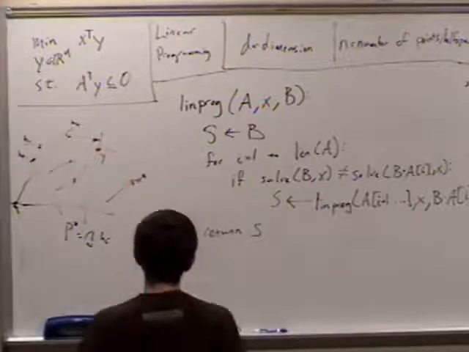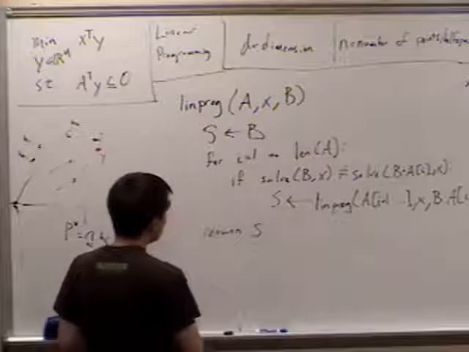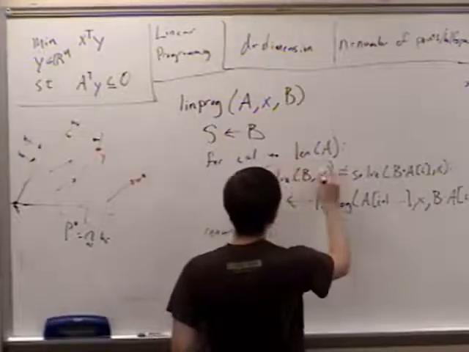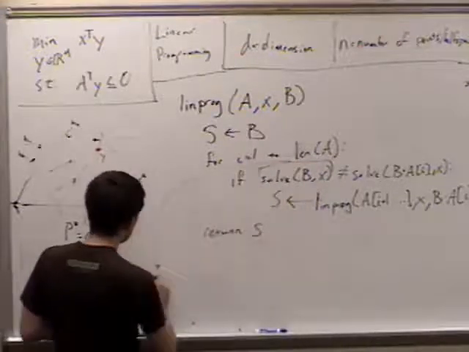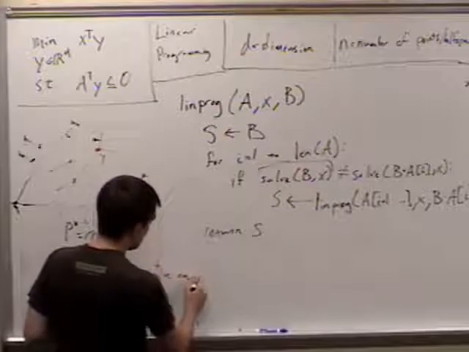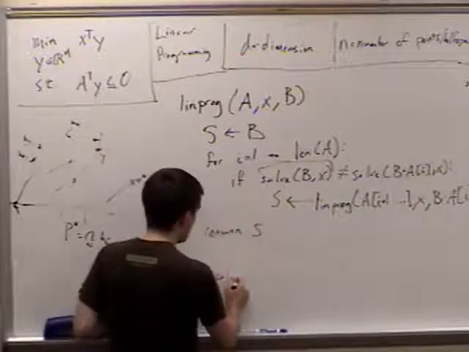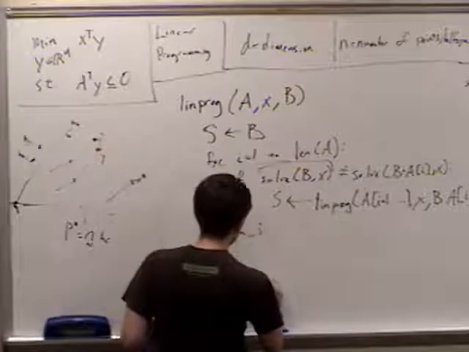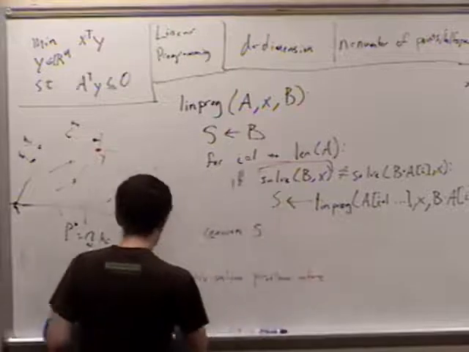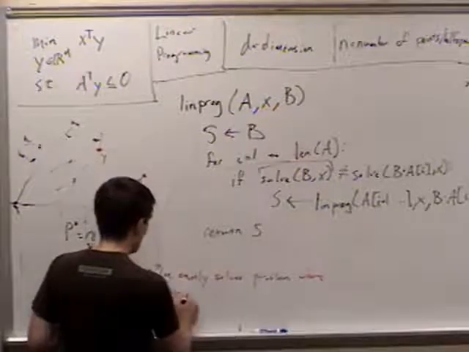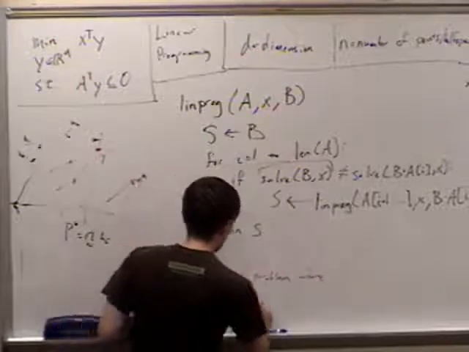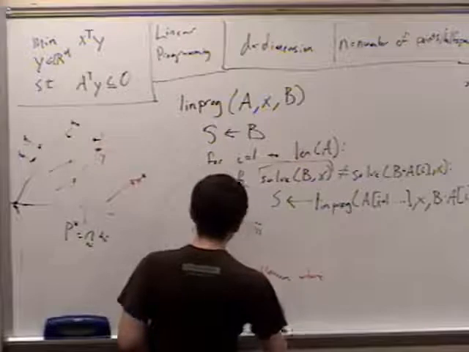Here's one simple observation: solve exactly solves the problem where the number of constraints is less than or equal to d plus 1.